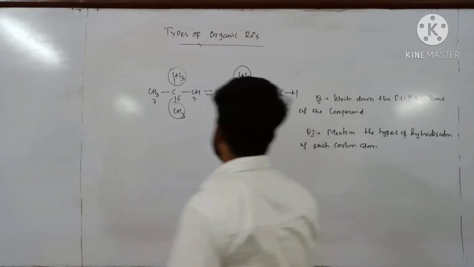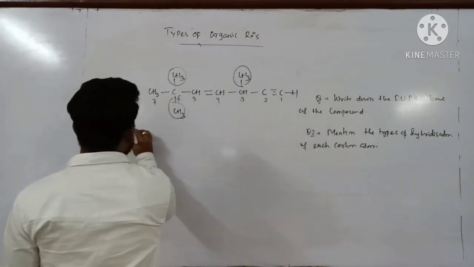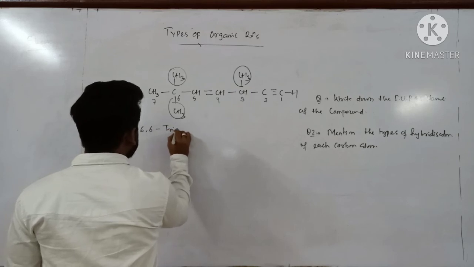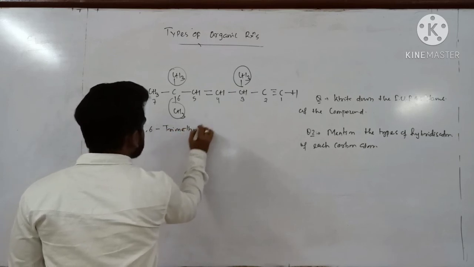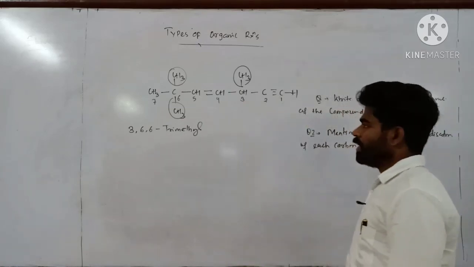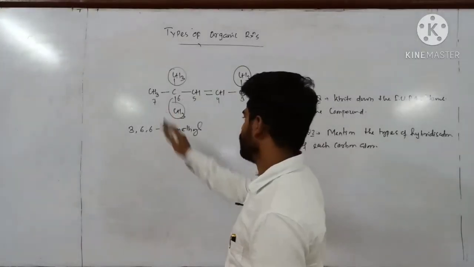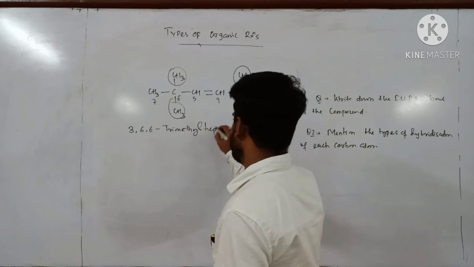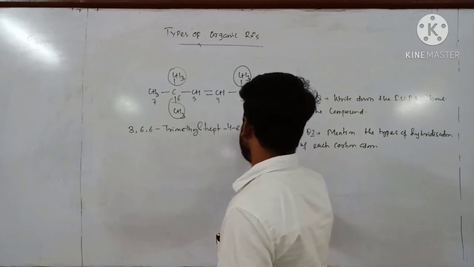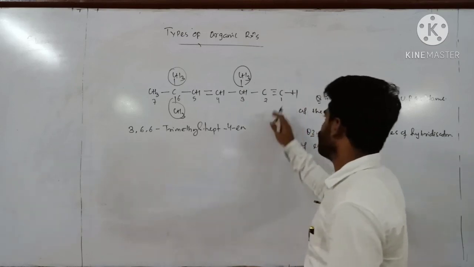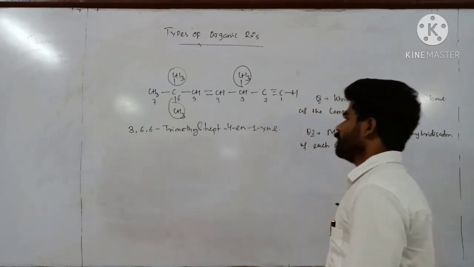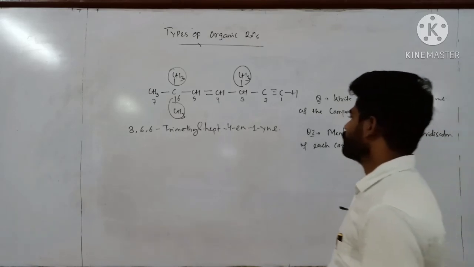So I can write 3,6,6-trimethyl. Clear? How many carbon atoms are there? 7. What will the root be? Hept. 4 double bond, 4-en, and the e gets cancelled. 1-yne.